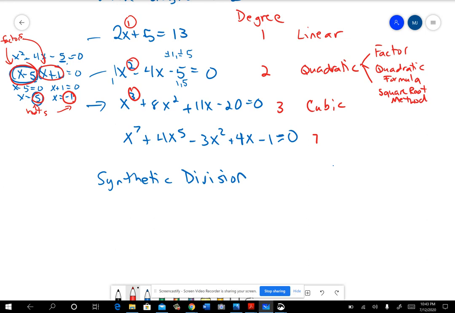And then let me just remind you how we set it up. With this one, when we were trying to solve x to the third plus 8x squared plus 11x minus 20 equals 0, we looked at the possible rational zeros and went through the rational root theorem.